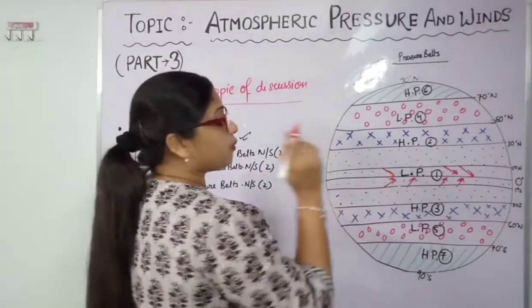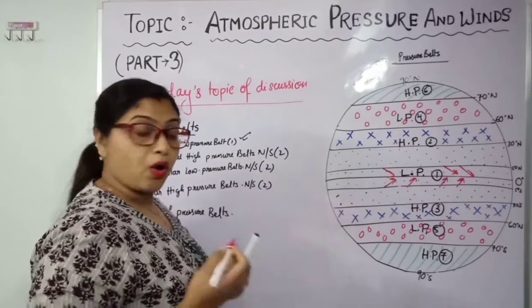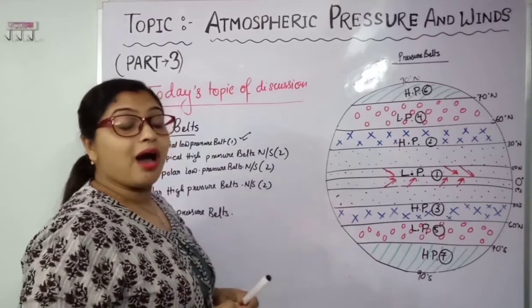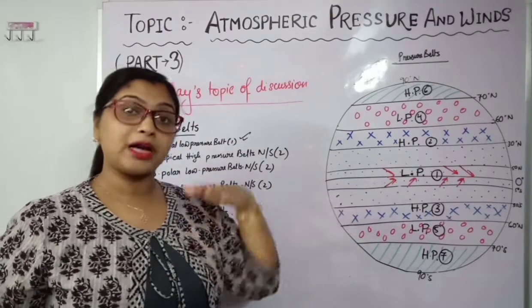Due to that, we do not see any horizontal movement of the wind. That's why we see a calm situation in the lower layer of the atmosphere.